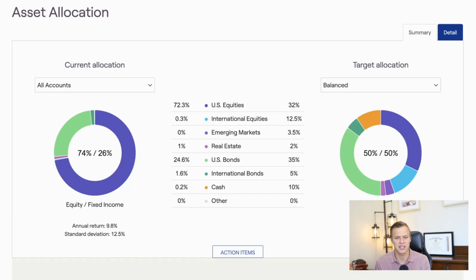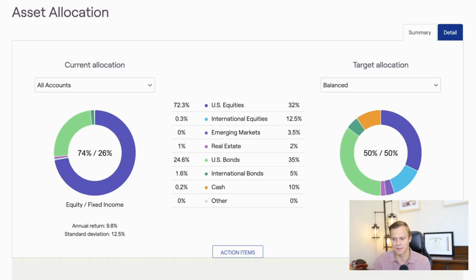How are we invested across international and US bonds to help us achieve our goals? Does 24.6% of our 26% allocated to bonds in the US make sense for us? So looking at our geography concentration, we want to make sure that we are properly diversified to best support your goals in retirement.